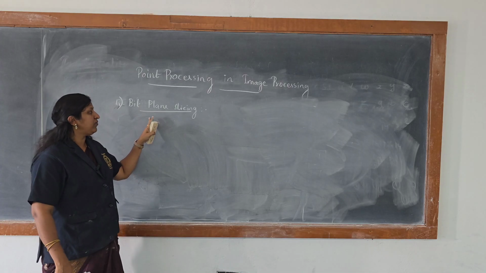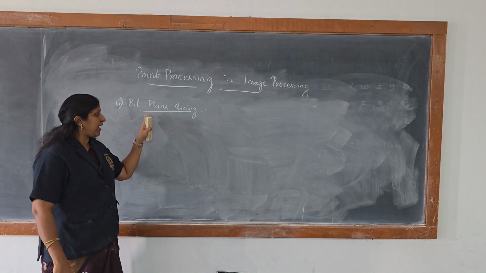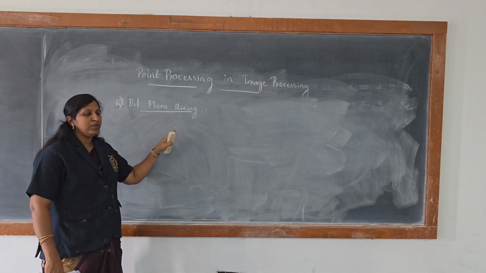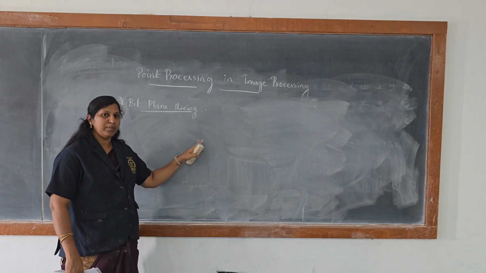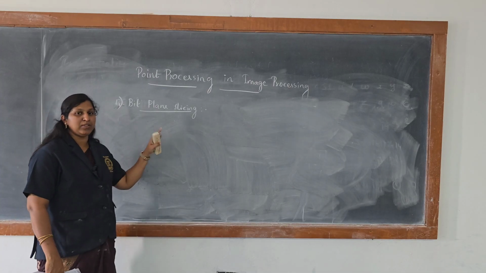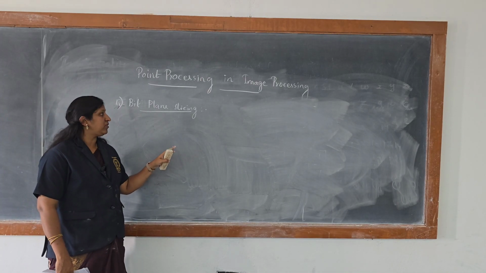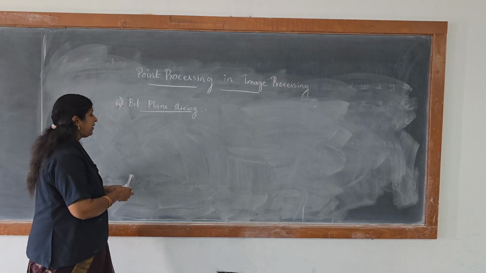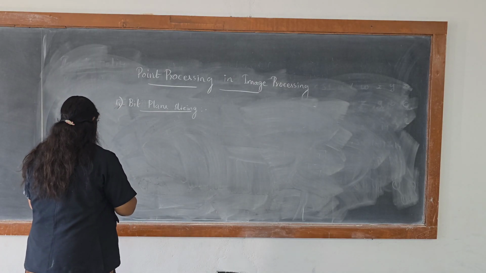Here what we are doing is we are transforming the digital image into a number of binary images. The process of converting a digital image into a number of binary images is called bit slicing. We can see how it performs. Here we use the relation.